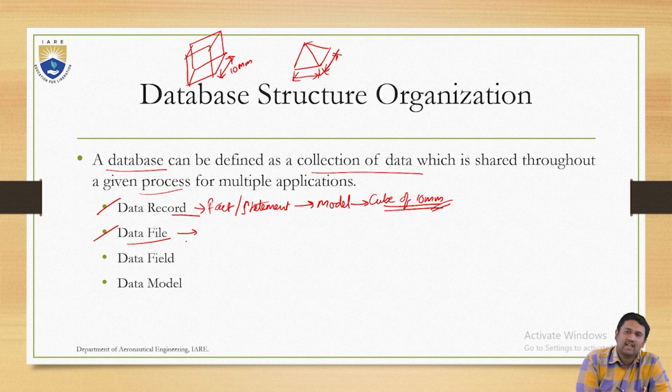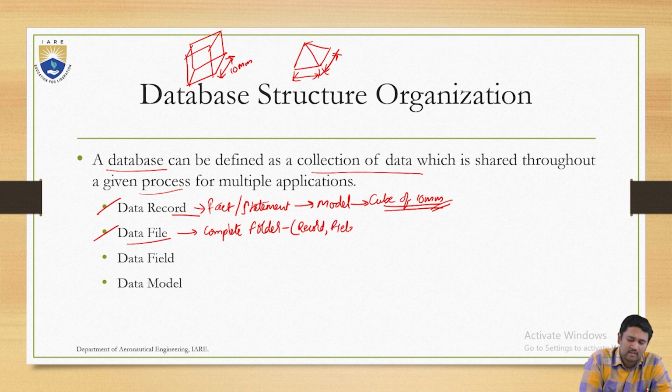A data file will be a complete folder, particularly a file, which consists of all your records, fields, and models. A simple folder which holds your record as well as field as well as model data, everything together.